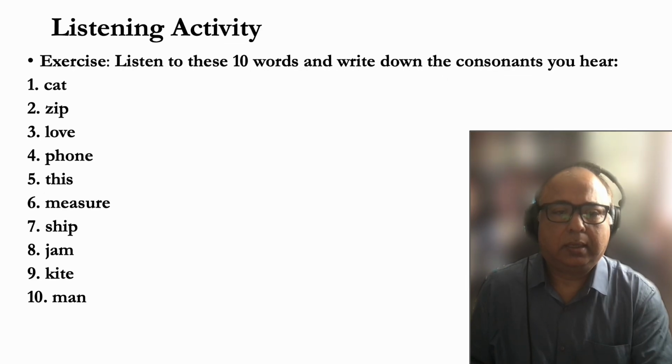Okay. So I am going to again pronounce these 10 words, and I need you to write down the consonants you hear. Now, when I say consonants, I mean initial consonants, the first consonant in each word. So listen to me carefully and have a pen ready and write down the consonants.